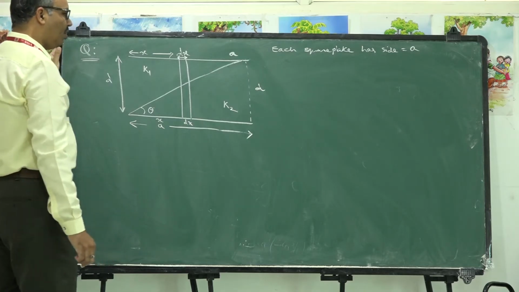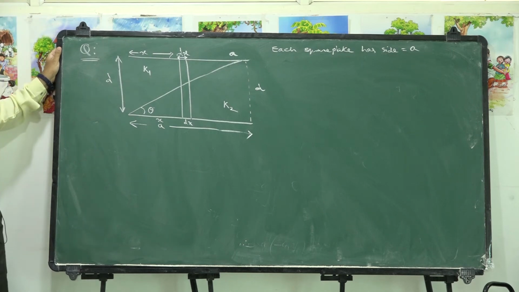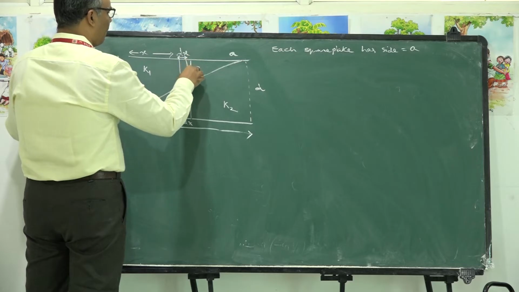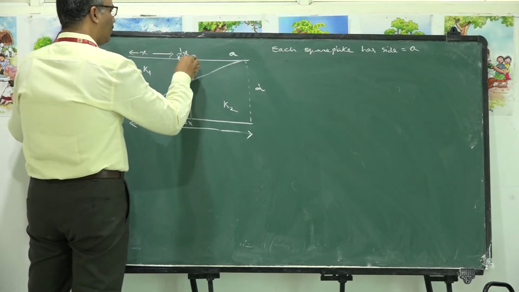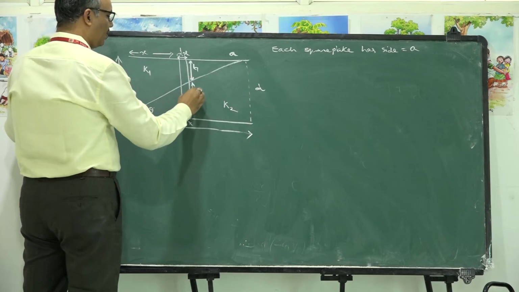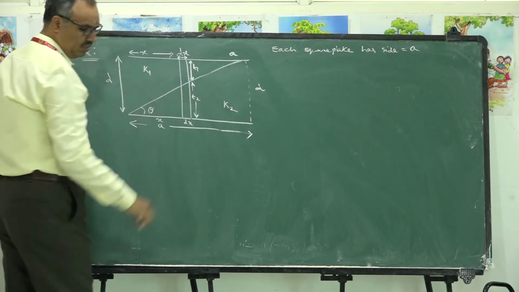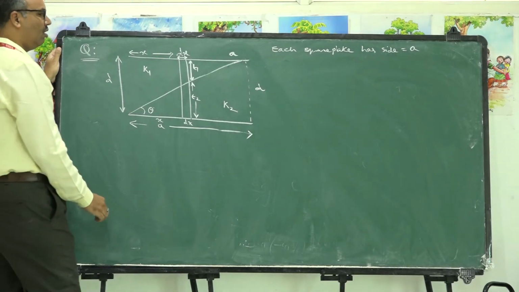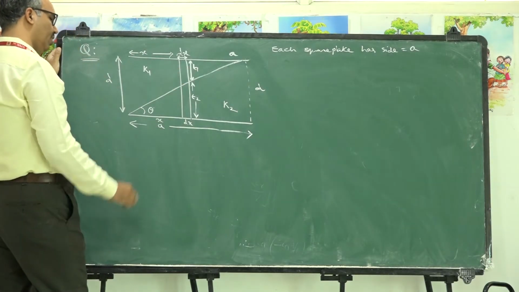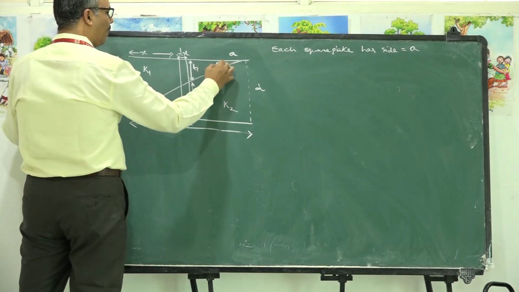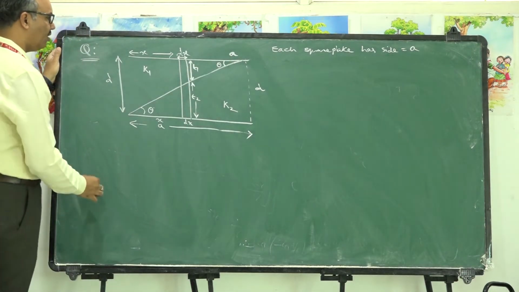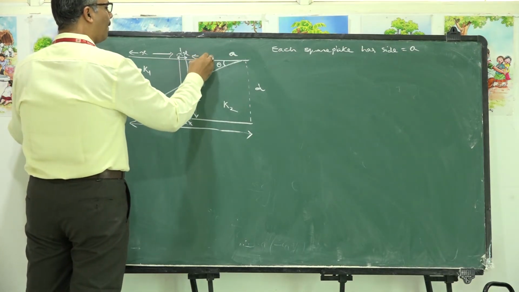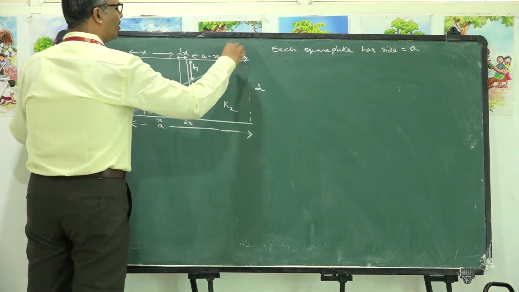Here, we are given T1 and T2. T1 is the separation here, T2 is the separation here like this. How to calculate T1? If it is theta here, obviously it is also theta there. What is tan theta? If this is x, what is this separation? A minus x is the separation here.